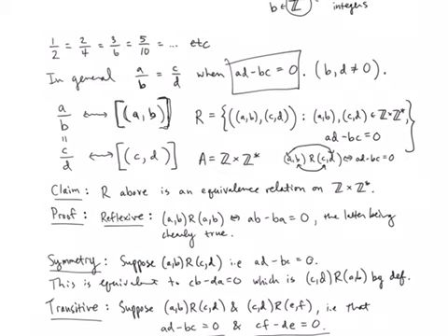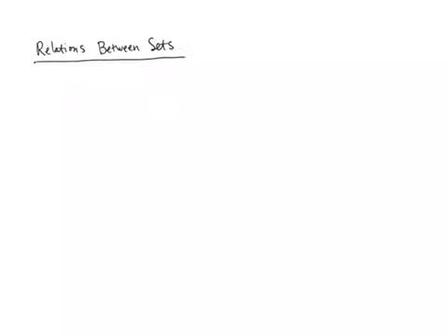So you think of the fraction AB as the same as the fraction CD when AD minus BC equals 0. And that's just the same logical format as thinking of equivalence classes of two things being equal when they're related by a relation. So our equivalence class of AB is equal to our equivalence class of CD when they're related.